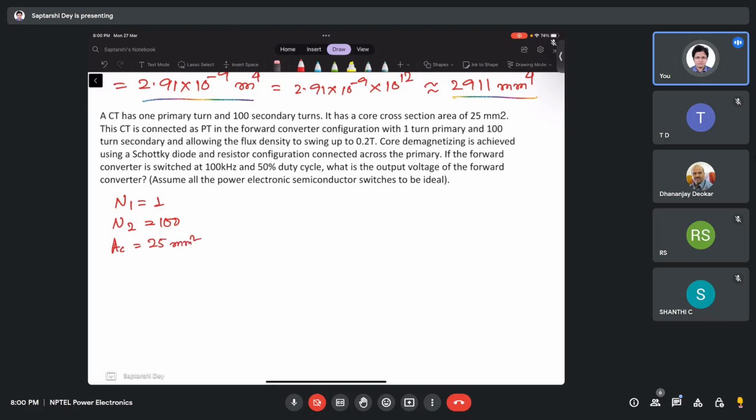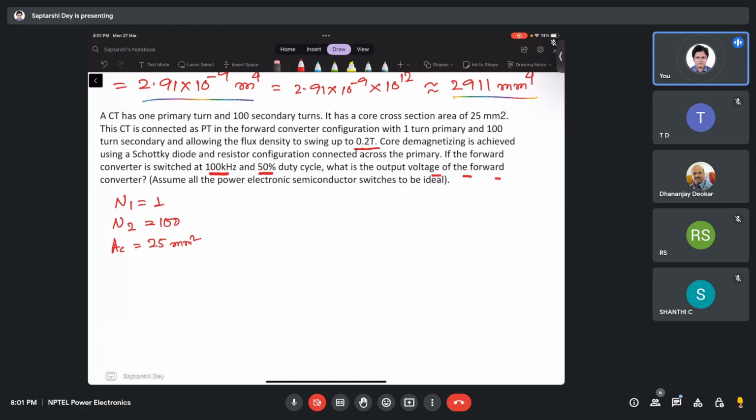This CT is connected as a PT in the forward converter configuration with 1 turn in the primary, 100 turns in the secondary, allowing flux density to swing up to 0.2 Tesla. Core demagnetizing is achieved using a Schottky diode and resistor configuration connected across the primary. If the forward converter is switched at this frequency, this duty cycle, what is the output voltage of the forward converter?